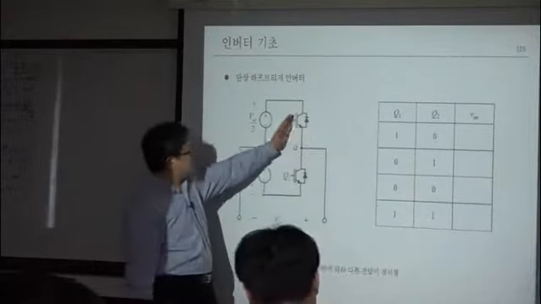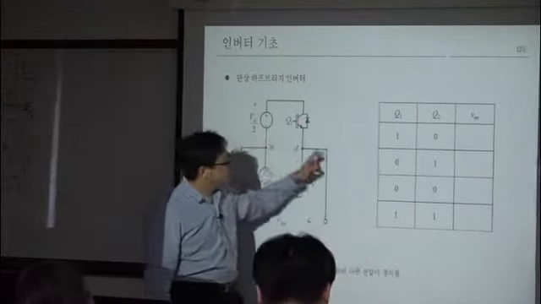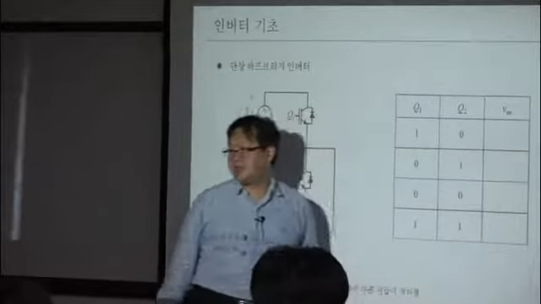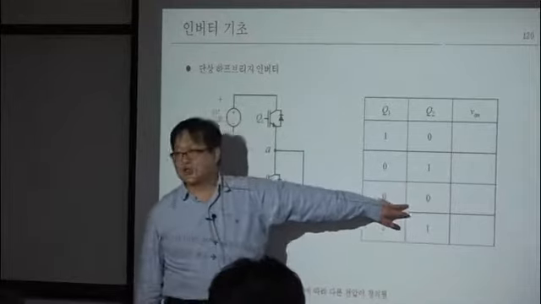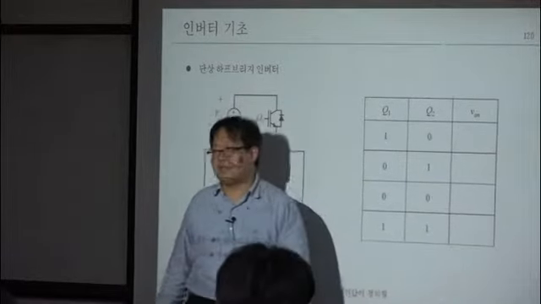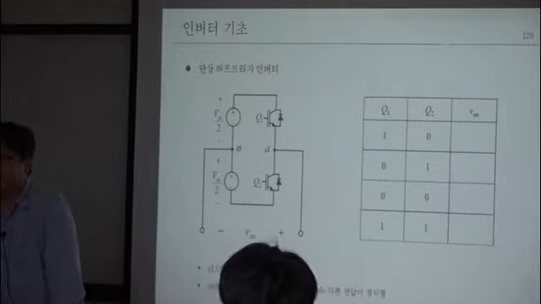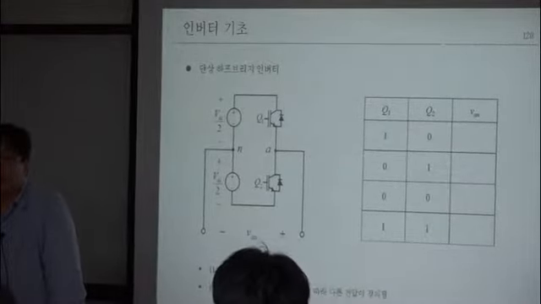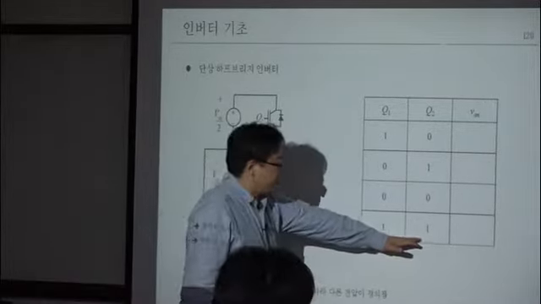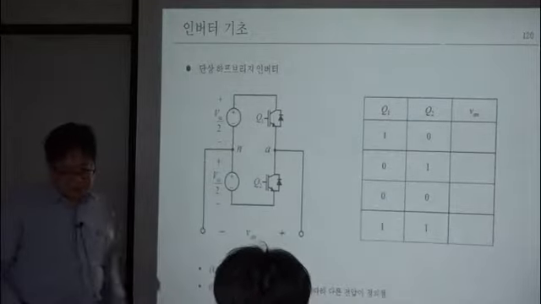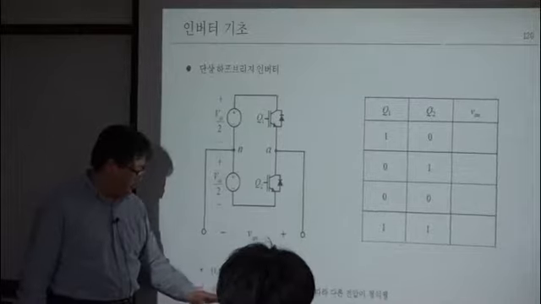If your Q1 is turned off and Q2 is turned on, VAN is what? Minus VDC over 2. And when both switches are turned off, then VAN can be either VDC over 2 or minus VDC over 2 according to the direction of your current, right? Then, we don't use this case, right? So as I told you, this is critical.